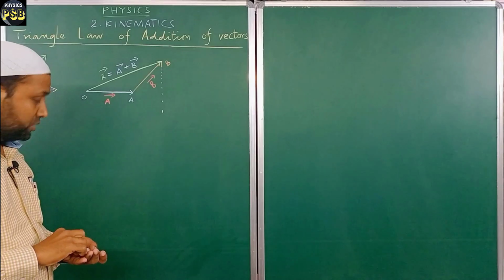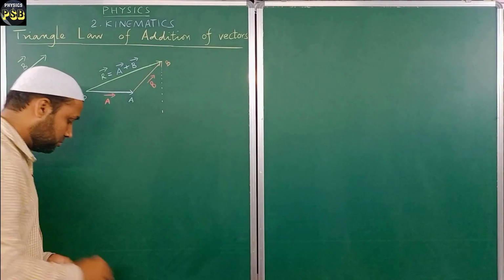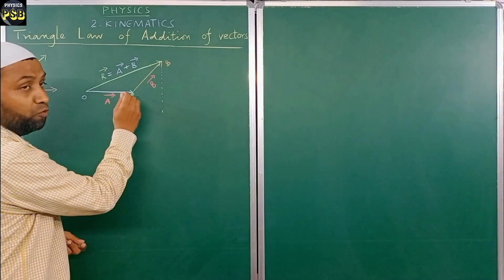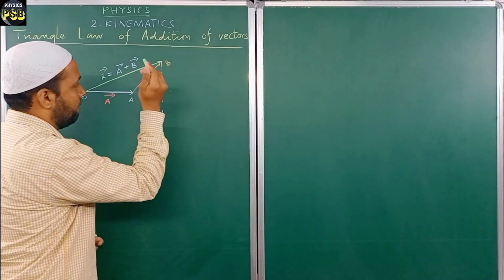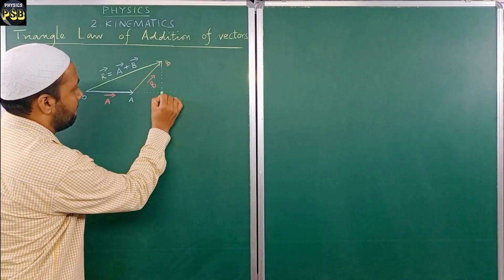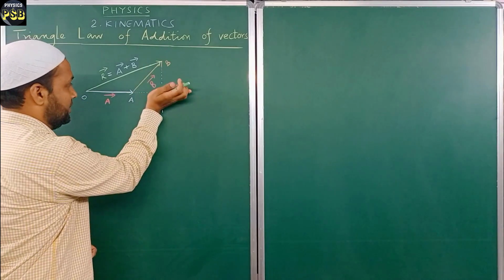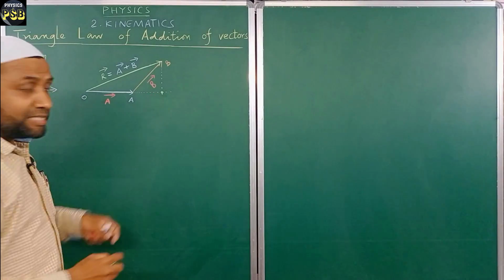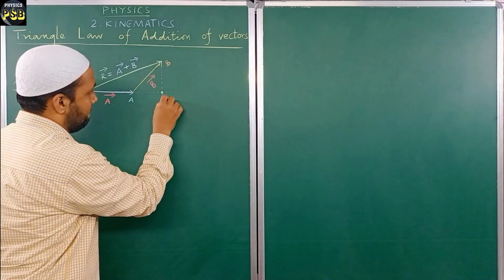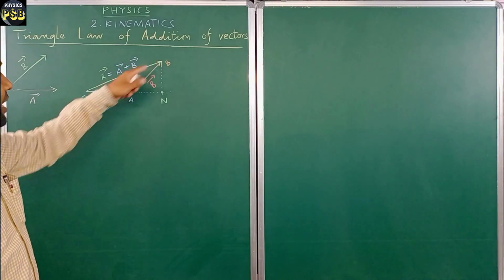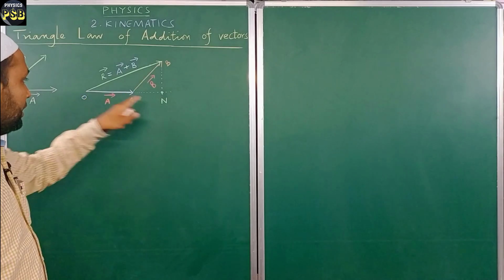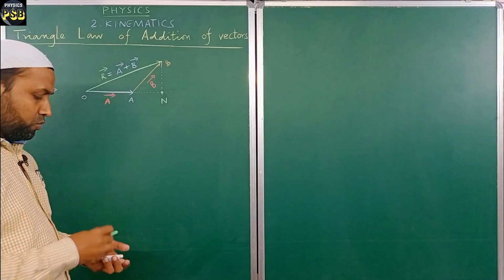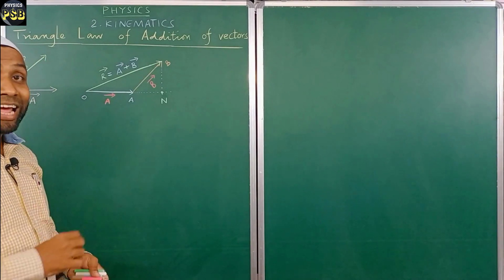Then I extend this line over here. Now we are at this point. These two lines intersect. I name this intersecting point N. So here we have got two right angled triangles, OBN and ABN.